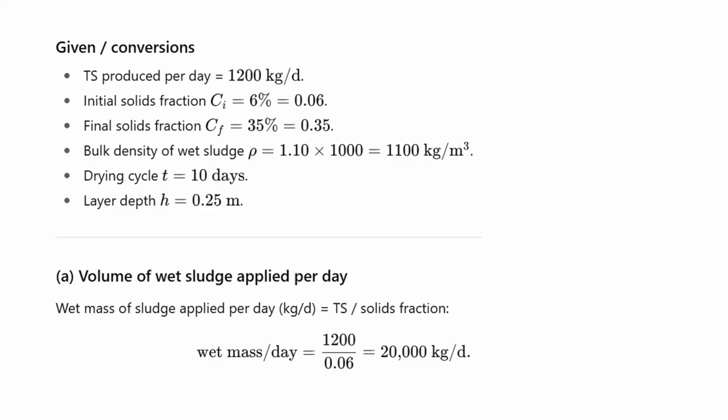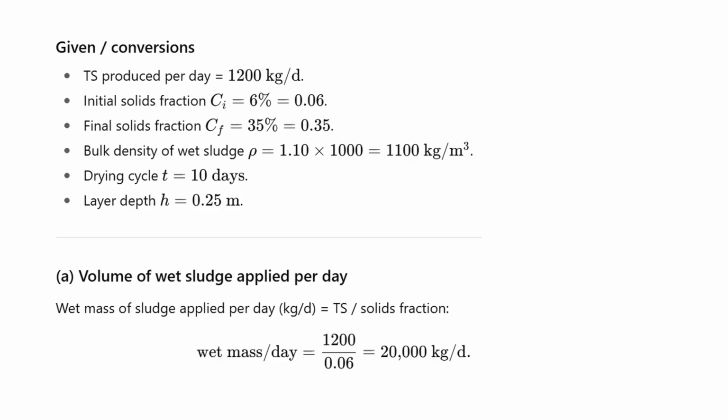You know the density. So the volume of wet sludge is equal to the mass of wet sludge, which is 20,000 kg per day, divided by your density 1100 kg per meter cube. The kg gets cancelled.